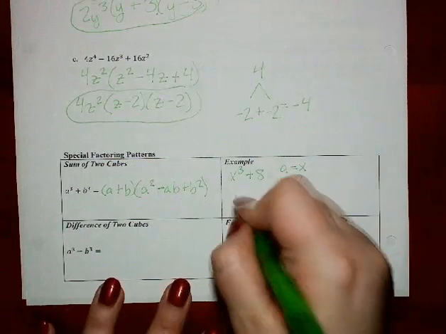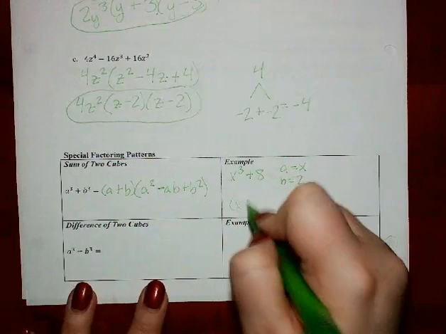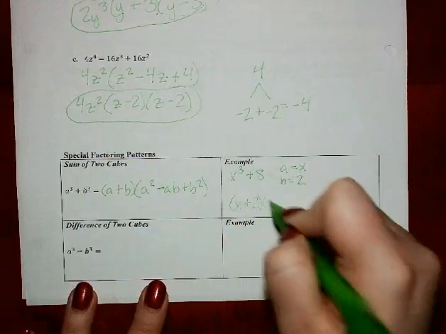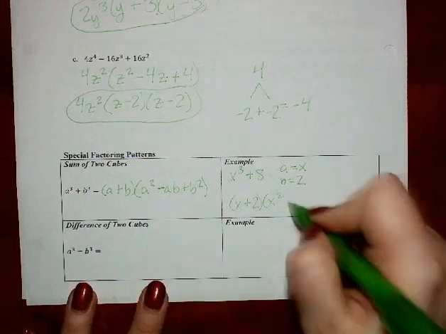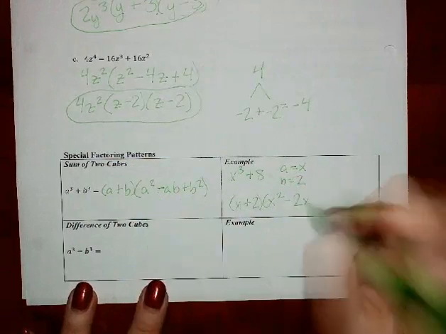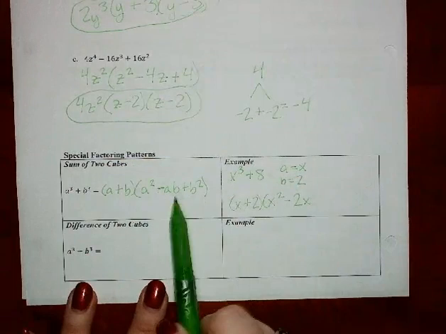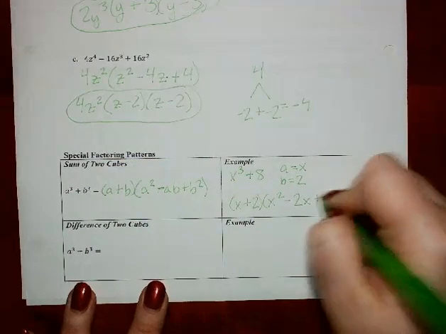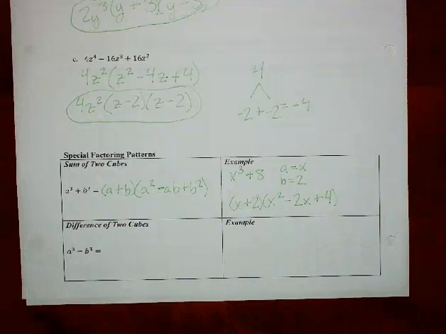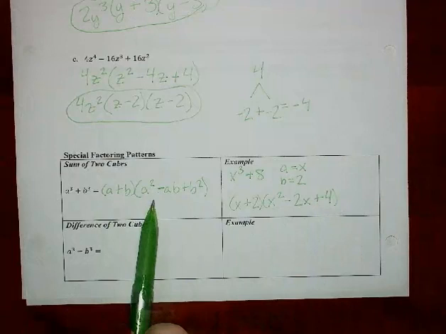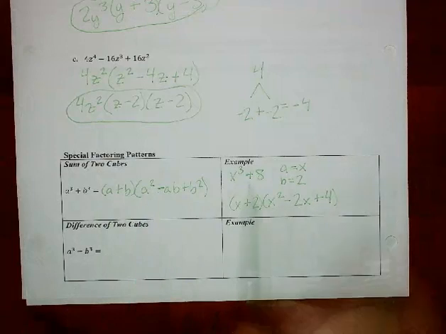So we get x plus 2 times x squared, so a squared, minus 2x, because x times 2 is just 2x, plus 2 squared, which is 4. Okay, this does not factor any smaller, so that's why our formula stops here. Okay, so that is the factored form of this.